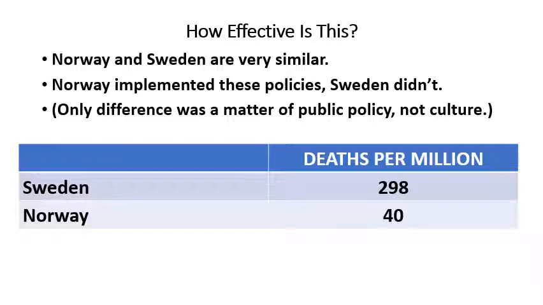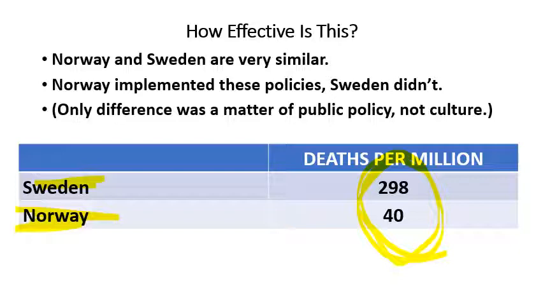During the pandemic outbreak, Norway implemented these policies and Sweden didn't. And here we have the per million death count several times higher in Sweden than in Norway. So you have two groups of people who are very Western European in their attitudes and behaviors. There's a slightly denser population in Sweden than Norway, but it's not a huge amount.